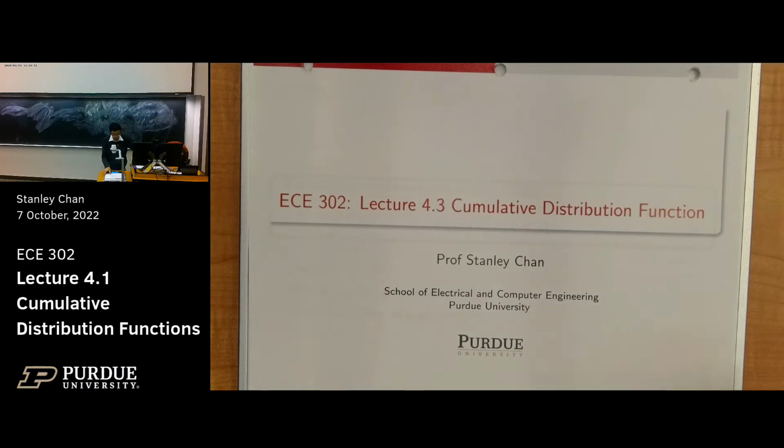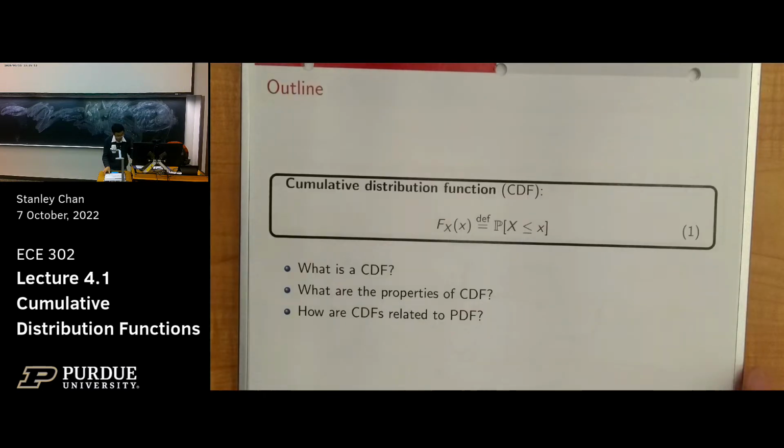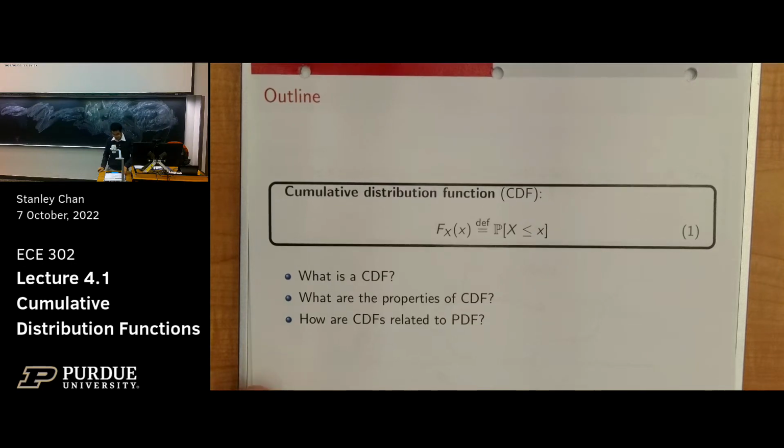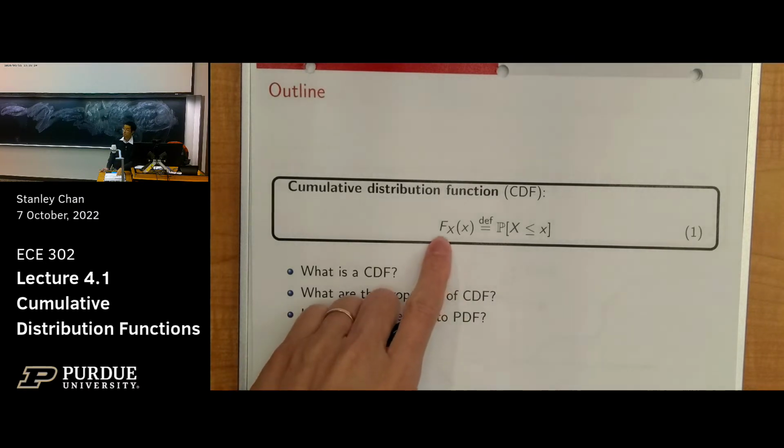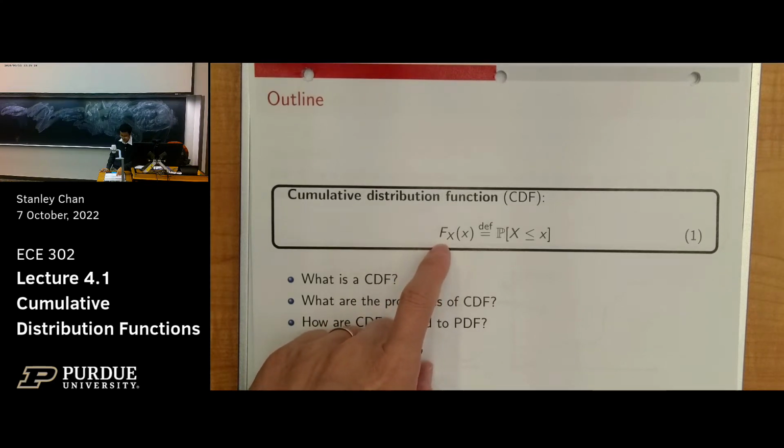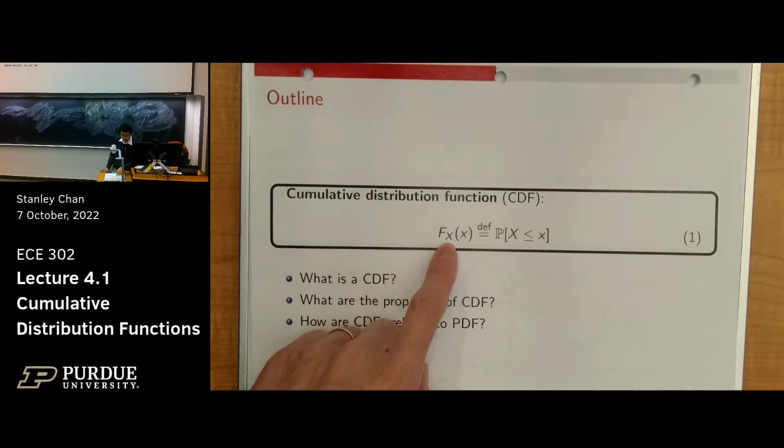Okay, so let me start by reviewing the definition of the CDF. Here's the definition of the CDF, where you have this notation, big F. This big F means that it is a CDF, with a capital X in the subscript, which means it is a random variable. There's a small x.